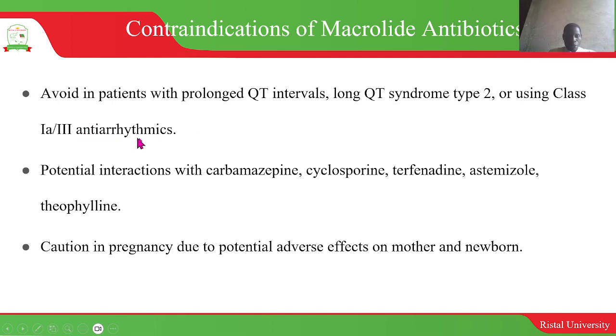These are antiarrhythmic drugs used to normalize the cardiac rhythm, for somebody having an abnormal heartbeat because of abnormalities in the heart. We need to avoid this drug in those particular patients because otherwise it will worsen the condition.